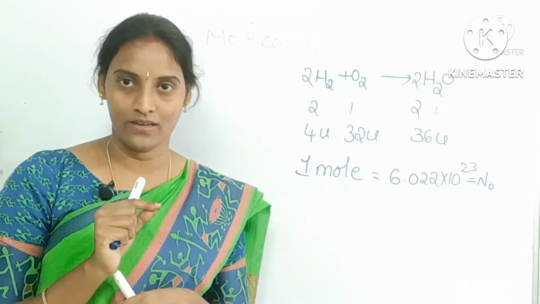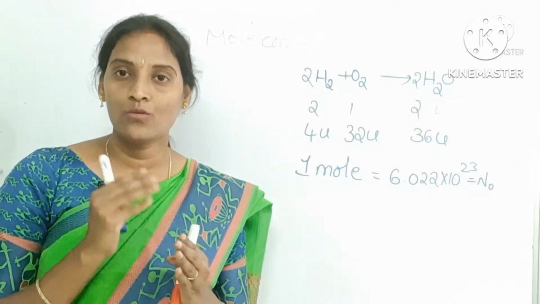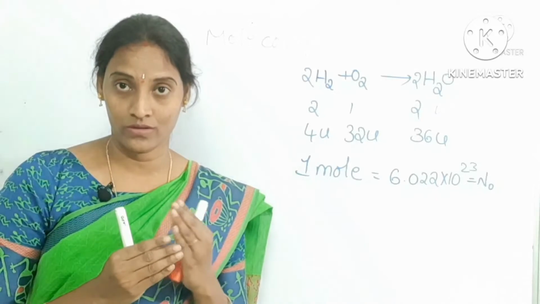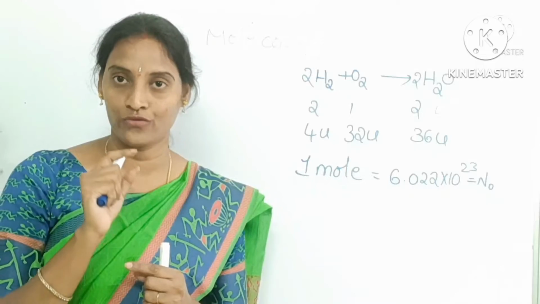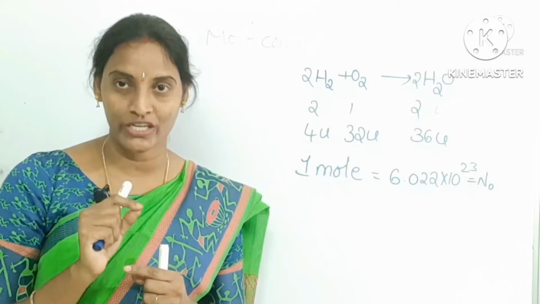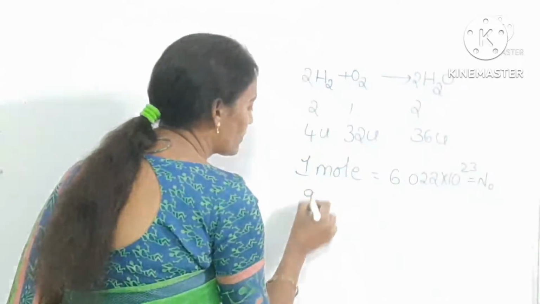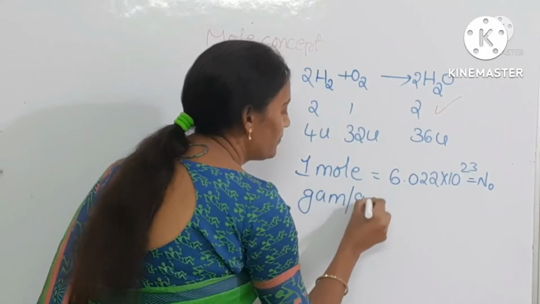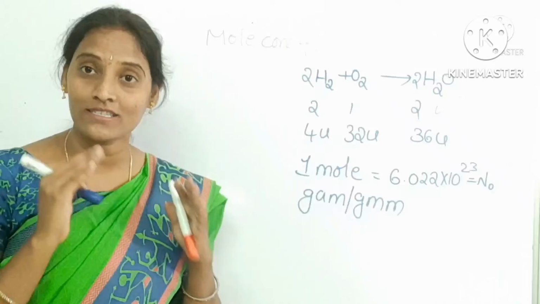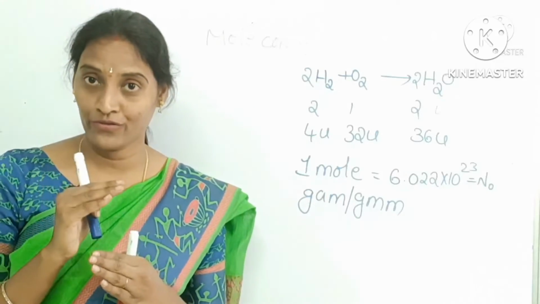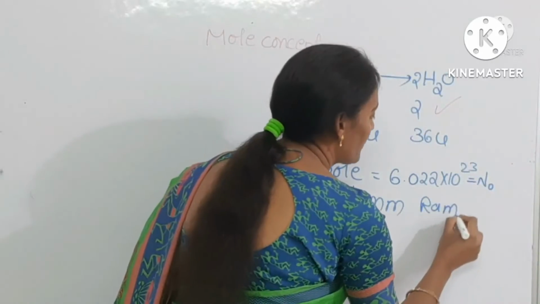If you want to tell the mass representation for 1 mole of a substance, that is, what is the weight of 1 mole of any substance, how can you tell? To tell the mass representation of 1 mole of any substance, you have to take the gram atomic mass or gram molecular mass. These values come from the relative atomic mass or relative molecular mass.